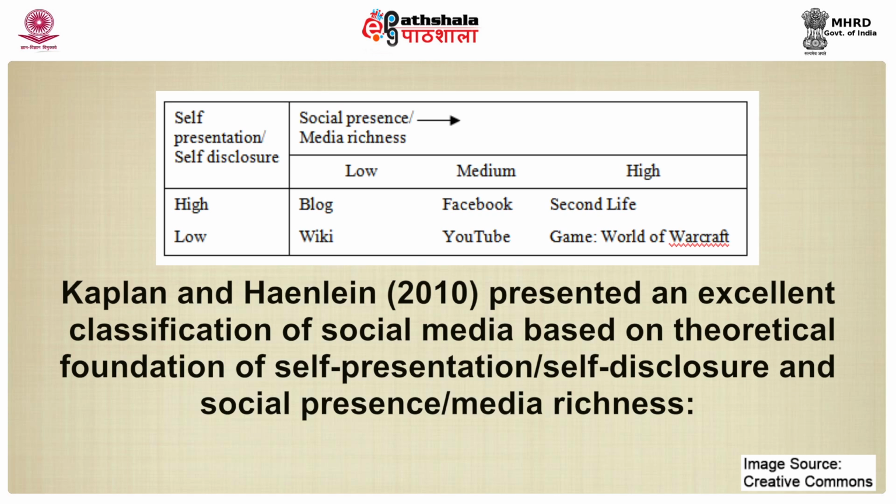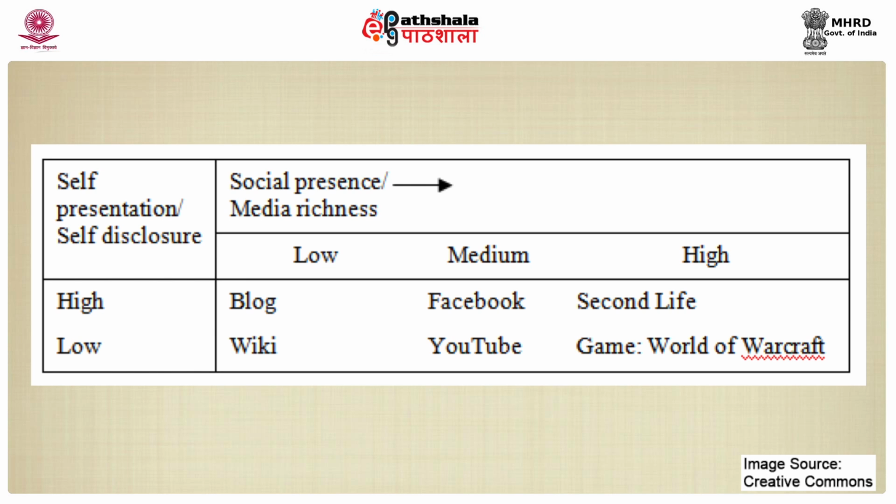Kaplan and Haenlein, in 2010, have presented an excellent classification of social media based on the theoretical foundation of self-presentation, self-disclosure, and social presence and social richness. As you can see from the table on the screen, social media can have high or low presentation and disclosure, and can also have low, medium, or high social presence and media richness.